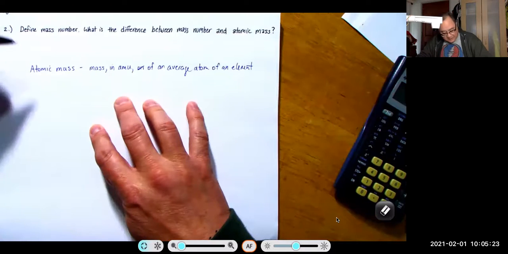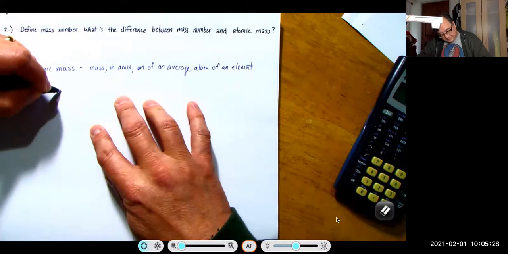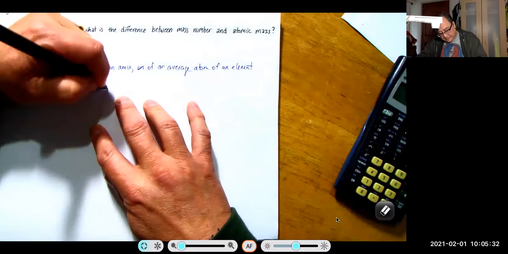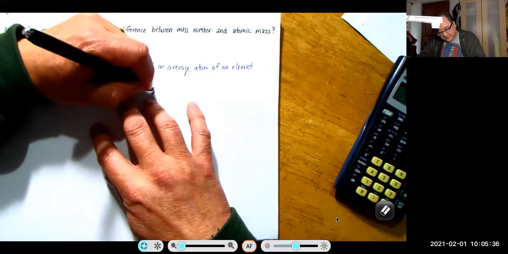And mass number is the number of protons in the nucleus of that element.